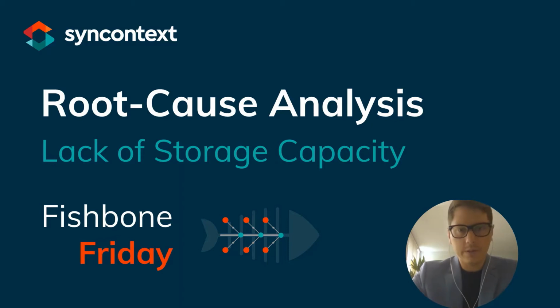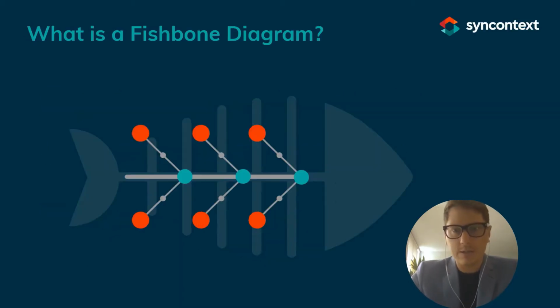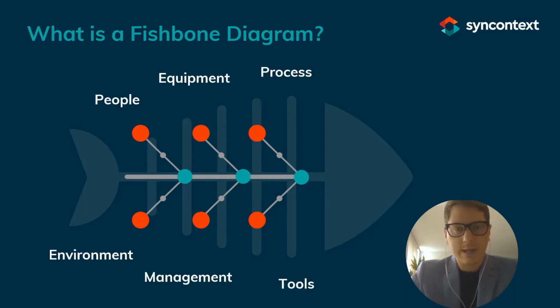So for those who are new to this, a fishbone diagram, also known as an Ishikawa cause and effect diagram, is a popular and proven method of root cause analysis, typically focusing on 6 categories within a business, or in this case, for most of our viewers, a distribution center. The 6 categories are people, equipment, process, environment, management, and last but certainly not least, tools.